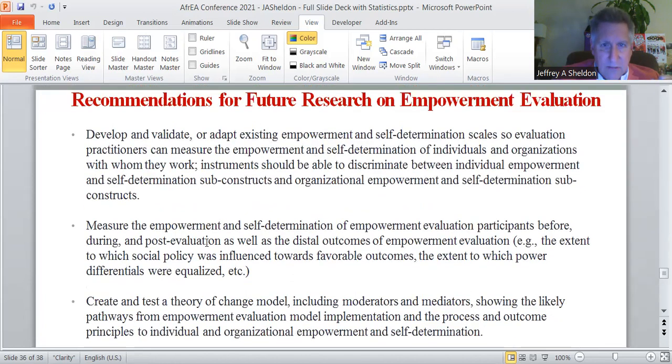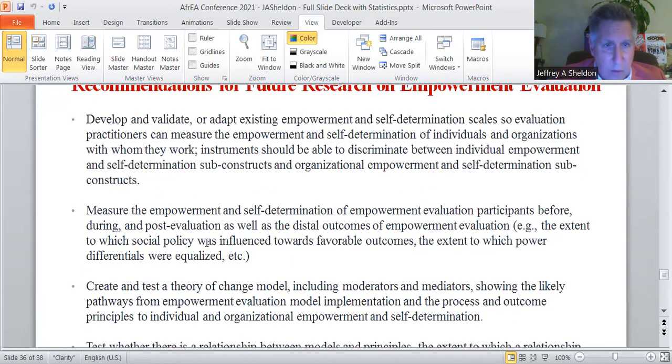Okay, so recommendations for future research on empowerment evaluation: develop and validate or adapt existing empowerment and self-determination scales so evaluation practitioners can measure the empowerment and self-determination of individuals and organizations with whom they work. Instruments should be able to discriminate between individual empowerment and self-determination subconstructs and organizational empowerment and self-determination constructs, because there's collective empowerment and self-determination and individual self-determination and empowerment.